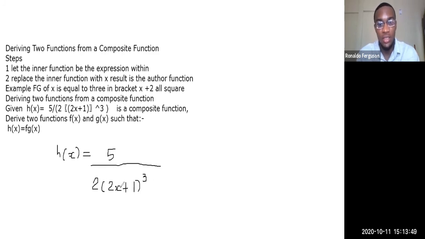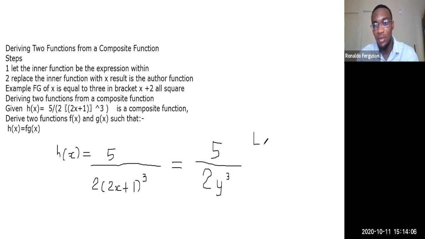So what we can do is, you see all of this 2x plus 1, call all of this y. So what we're getting is 5 divided by 2 times y cubed, right? And then now what you're going to do is let this y be equal to g of x.